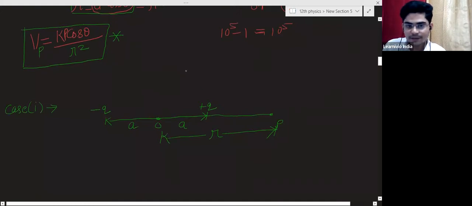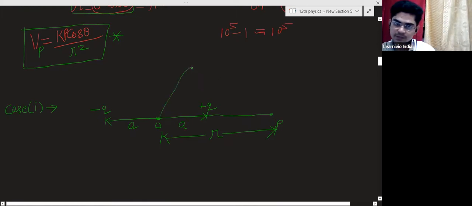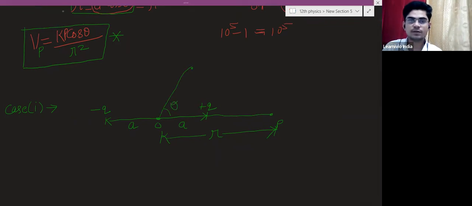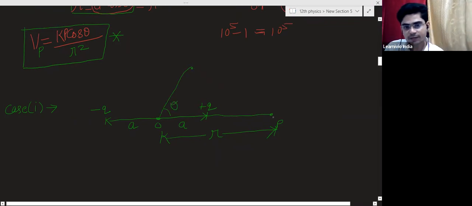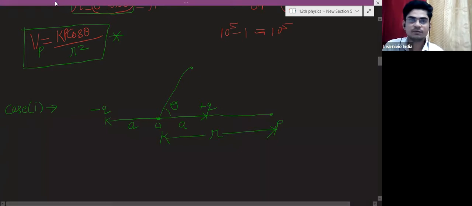Earlier the point was here, like this, and it made an angle theta. Now this point came here, so what will be the angle for the point P?